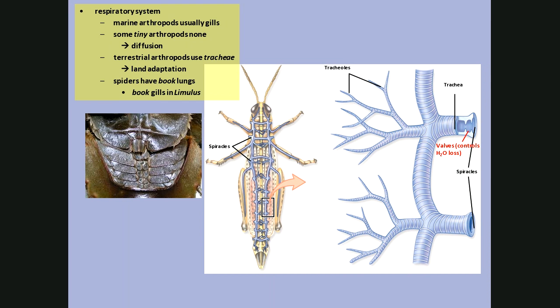Remember, we said that if you're small, diffusion works, but when you get too big, diffusion won't work because the cells on the inside won't get enough water or nutrients or whatever is being diffused, and they also can't get rid of their waste.